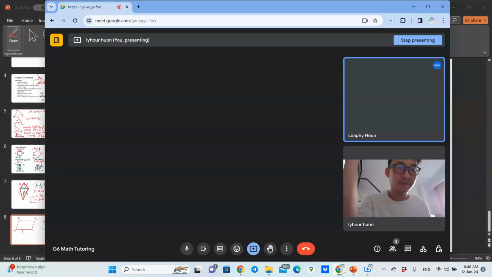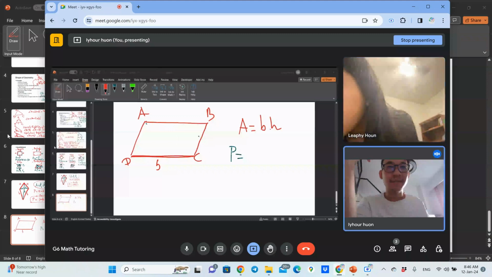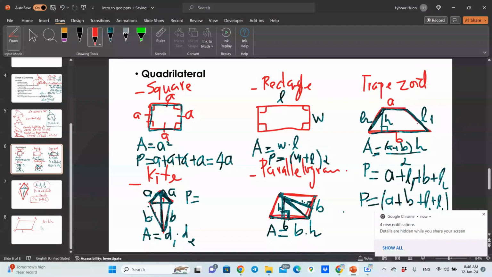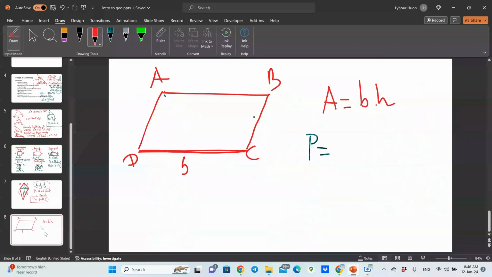Have we learned about it yet? We haven't. We already know about the trapezoids: we have the area and the perimeter. But for the parallelogram, we only have the area, not yet the perimeter. Now we want to know about the perimeter.